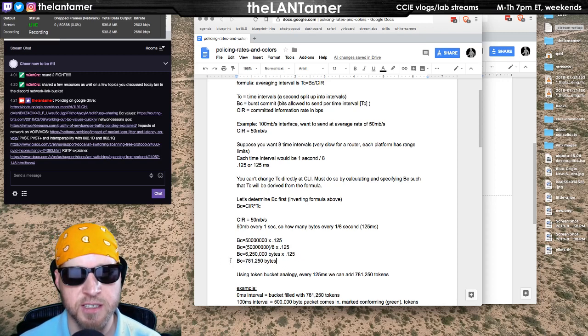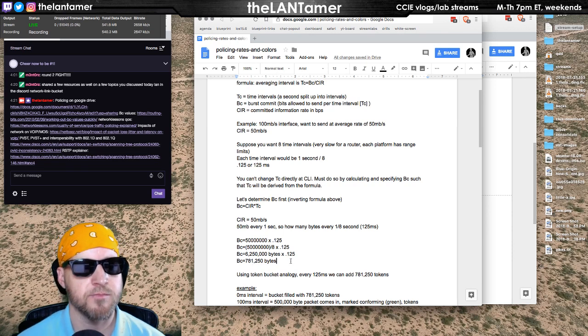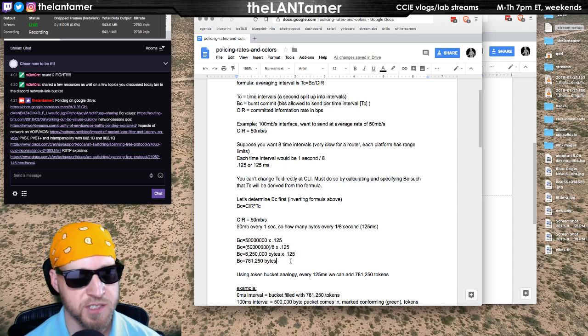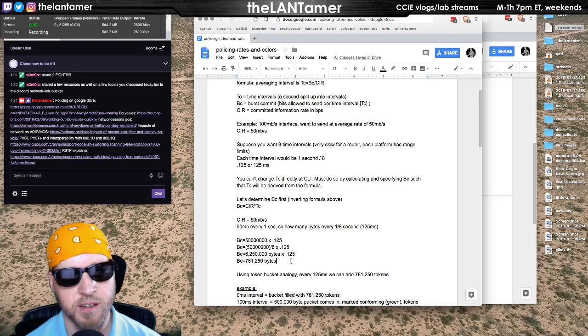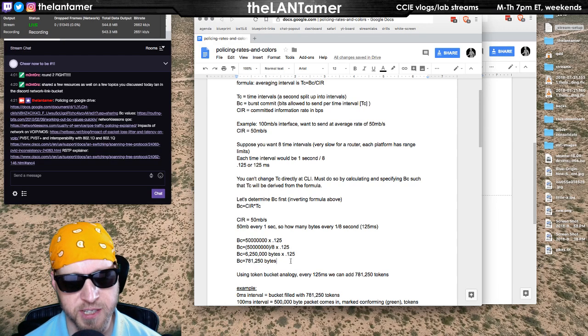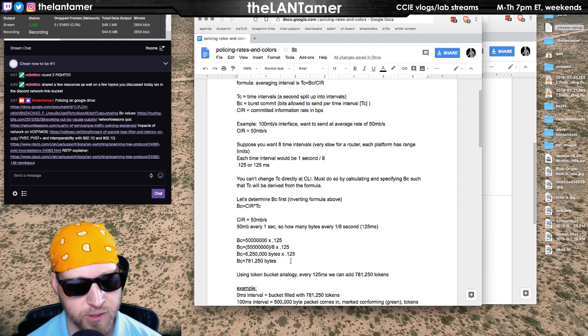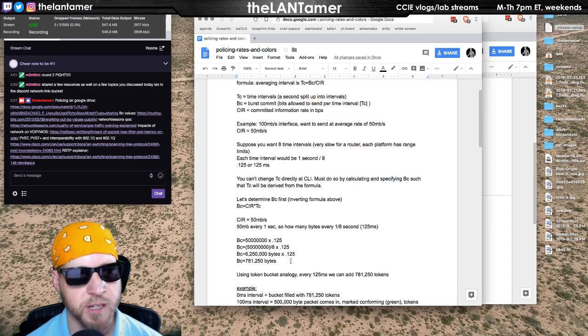So our BC, our burst commit, is 781,250 bytes. So in other words, let's say we were able to process consistently every 125 milliseconds, and we processed only 781,250 bytes, we would average 50 megabits per second.